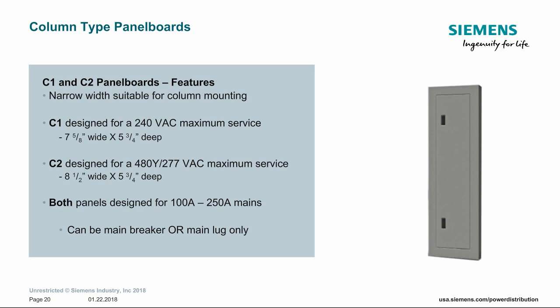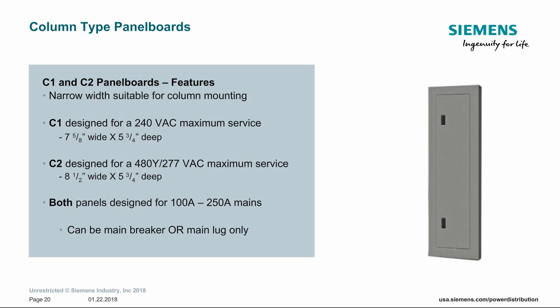So our column types are broken into C1 and C2, with C1 being designed for a 240 volts AC maximum service with a width of only 7 5/8 inches by 5 3/4 inches in depth.